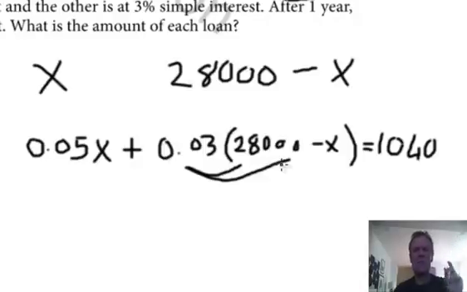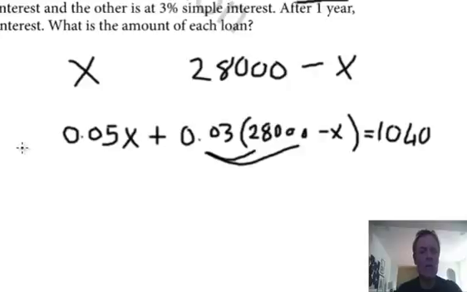It's a bit like that exercise we did with multiplying by lowest common denominators to get rid of the fractions. If I multiply everything by 100, that's the whole way across, all of this and this as well, don't forget.